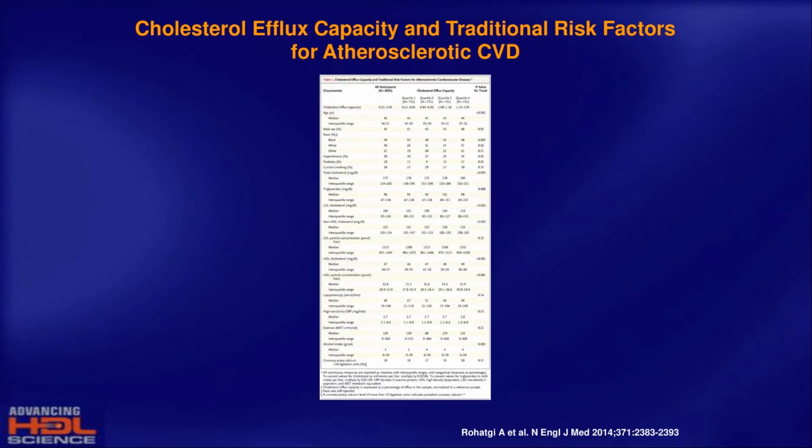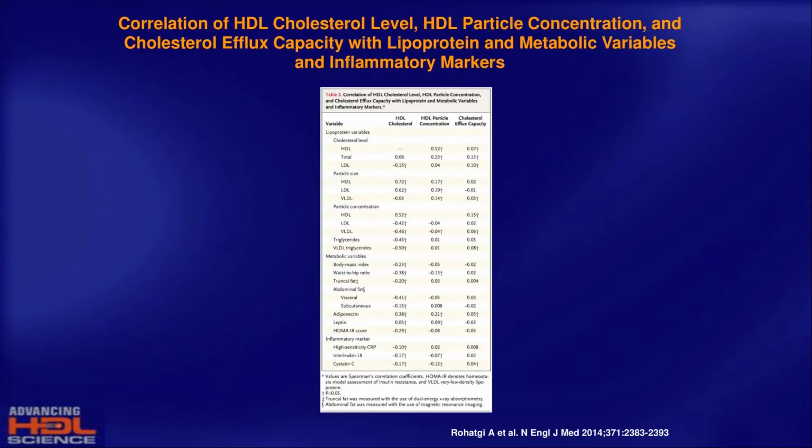This analysis shows that although HDL particle concentration is also a significant predictor of reduced cardiovascular risk, the higher the HDL particle concentration, even adjusting for HDL particle concentration, one learns something about efflux, as shown in the Dallas Heart Study.